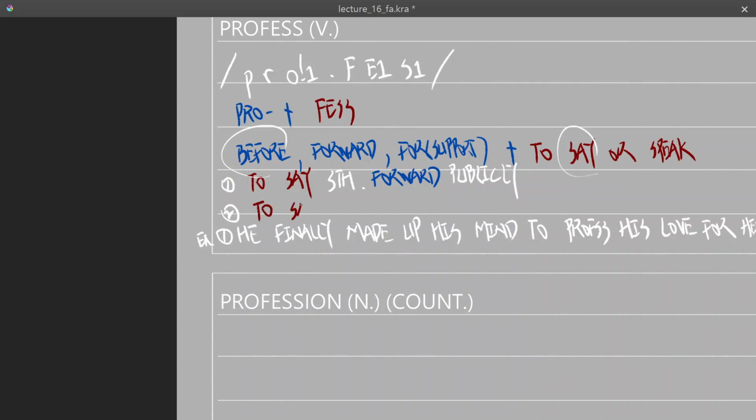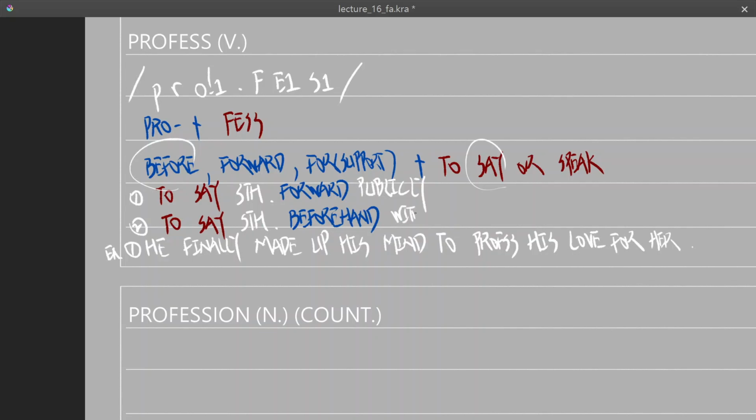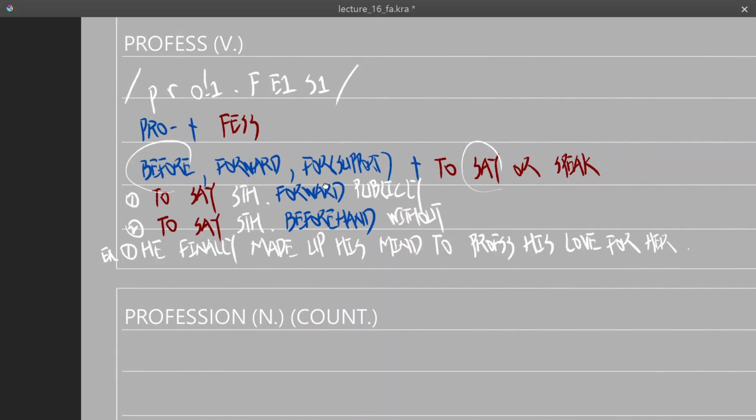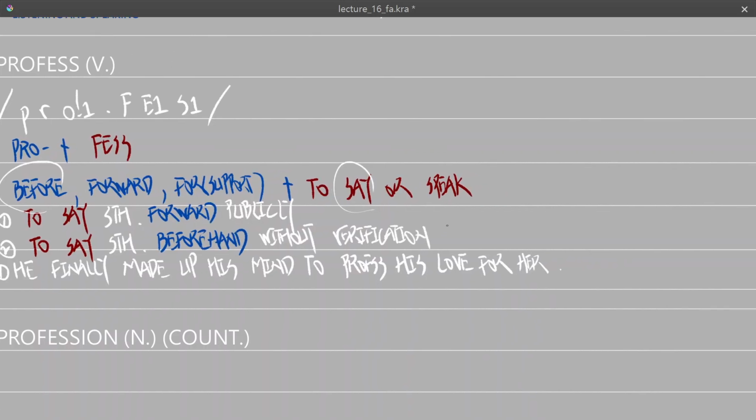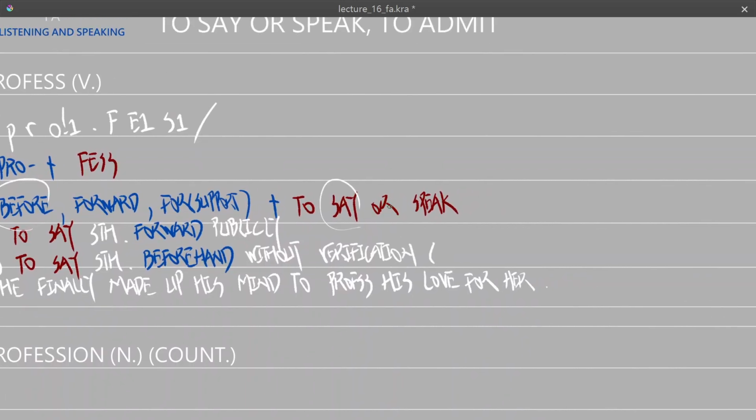To say something beforehand without verification. So in this case, it is almost the same as claim, a synonym of claim.